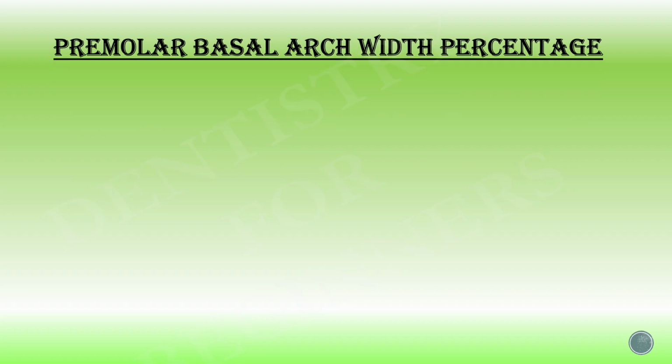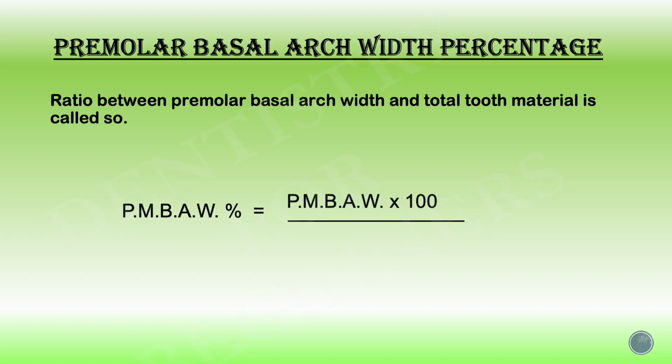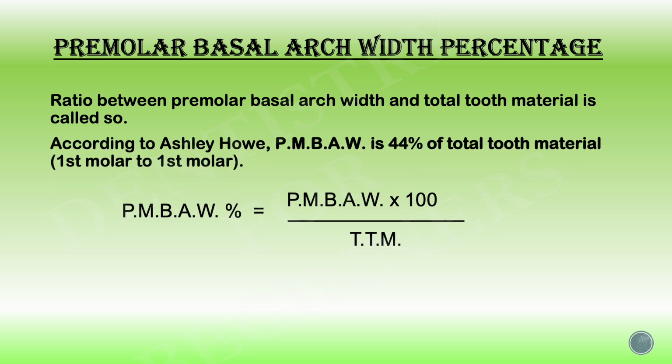Now premolar basal arch width percentage. This is the ratio between premolar basal arch width and total tooth material. So premolar basal arch width multiplied by 100 and divided by total tooth material is measured. According to Ashley-Ho, it is 44% of total tooth material.